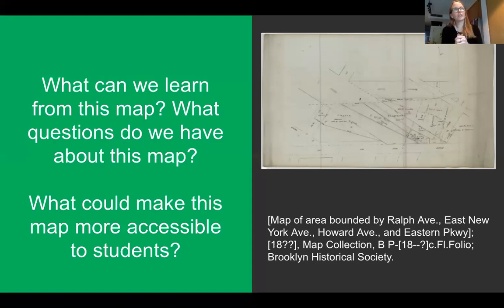For students who maybe need a little bit more of a challenge, giving them multiple maps to compare is really fun. Maybe maps that show the same place over time, maybe 50 or 100 years apart, is a really great exercise, because of course those maps are not going to be exactly the same.